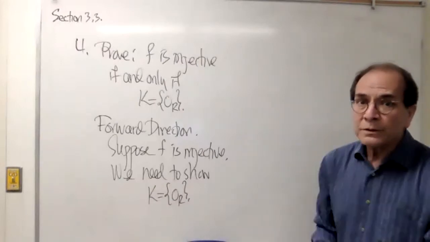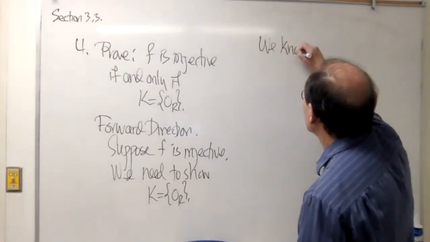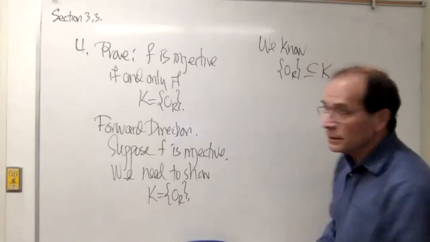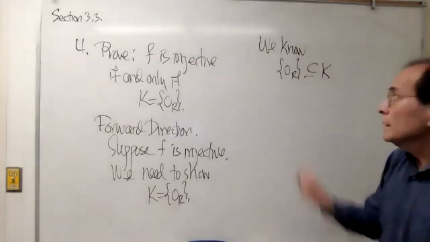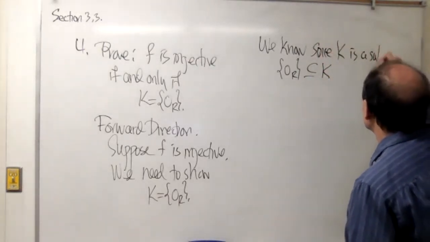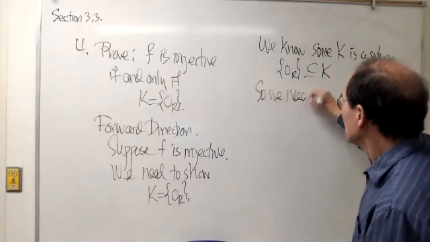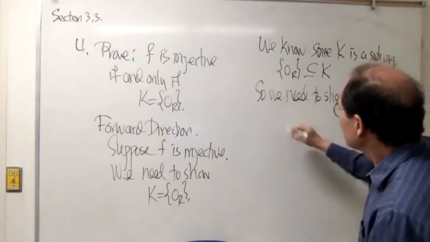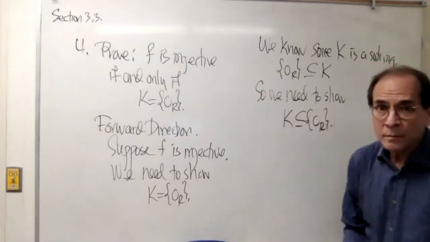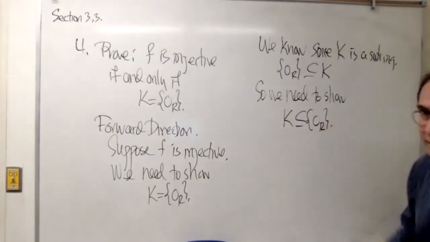Now, we always know that the 0 element is in K. So we know that this is a subset of K, since K is a subring. So you have to show the other direction: that everything in K is contained in here, which means that the only element in K is 0.